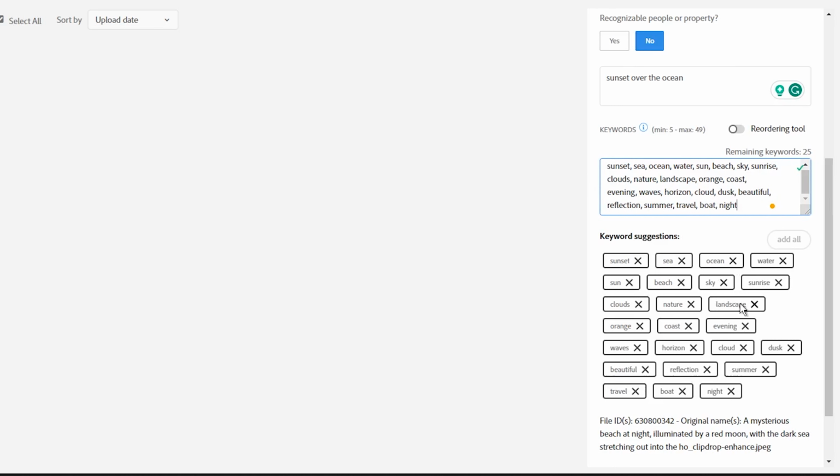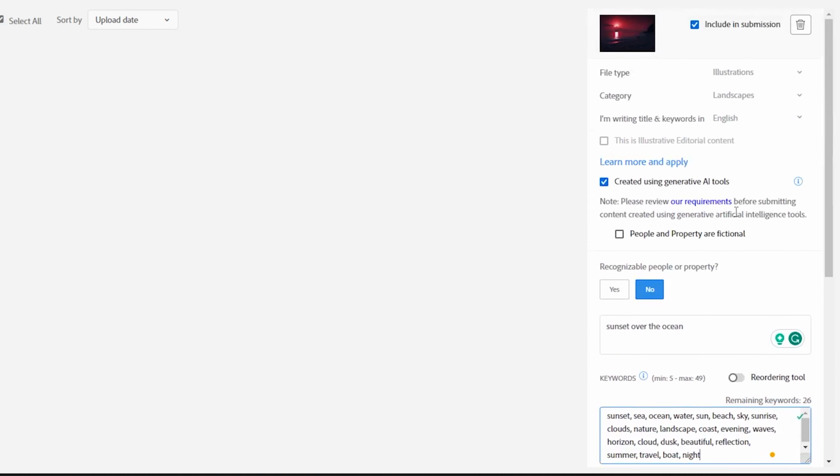It is also essential to remember that when using AI-generated content, it should not be described as representing real individuals or locations. Lastly, avoid including repetitive technical parameters like platform-specific features, aspect ratio, or settings from your prompt in your tags. These details might be irrelevant to buyers and may detract from the central theme of your artwork. By following these do's and don'ts, you can present your AI-generated images in the most effective and professional manner possible.